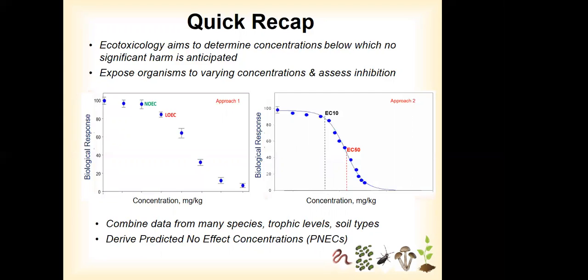Whichever way we choose, we can produce these ecotoxicology endpoints. And if we combine endpoints from different species, different trophic levels and different soil types, then we can derive our predicted no-effect concentrations.